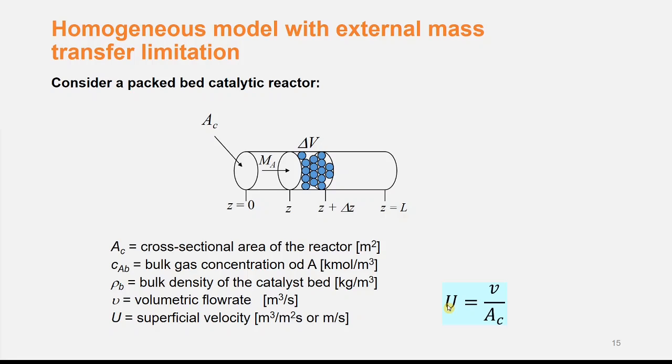In other words, the vessel is empty. So it is equal to the volumetric flow rate divided by the cross-sectional area, AC. The actual velocity will be higher because there is less area for the fluid to flow in when there is catalyst in the bed. But it's more convenient to use superficial velocity.